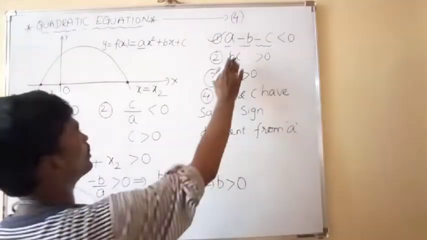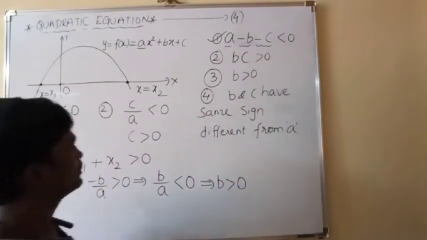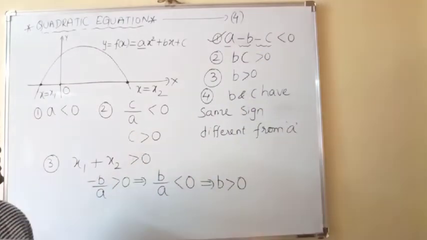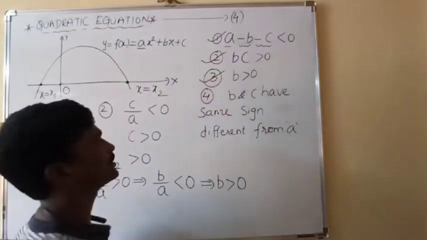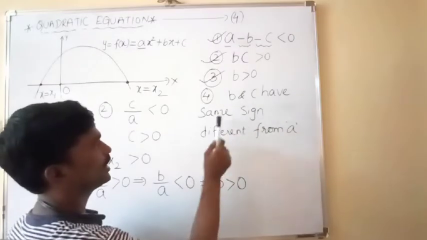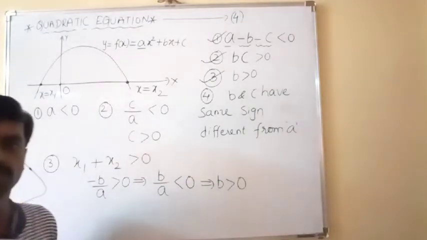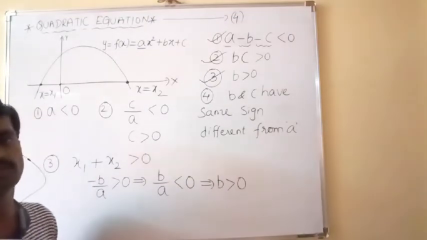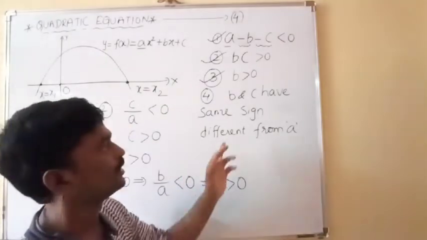The second option is given: B into C greater than 0. B positive, C positive, so B into C is positive. Second option is also correct. Third option is also correct. And look at the fourth option: B and C have same sign, different from A. That means both B and C may be positive or both may be negative. If B and C are positive, A must be negative according to this.